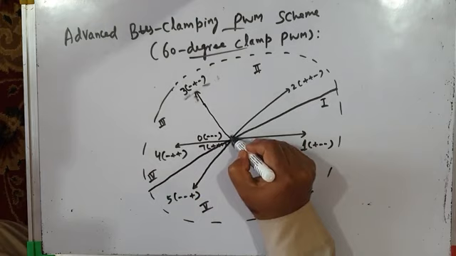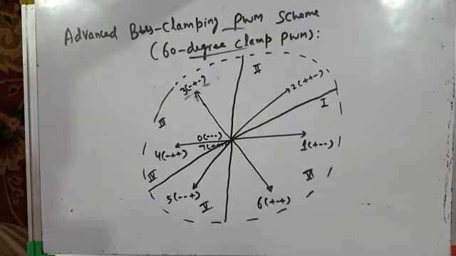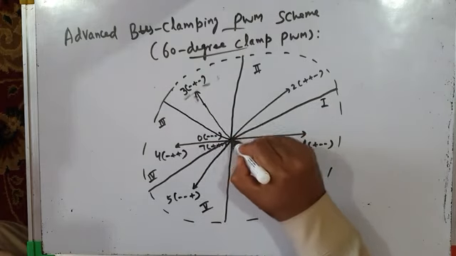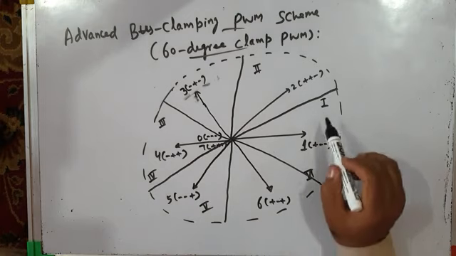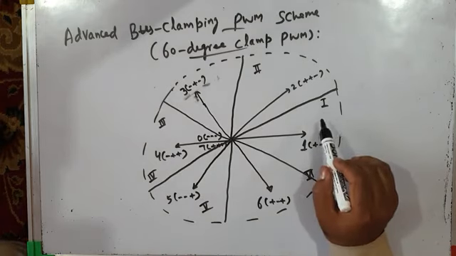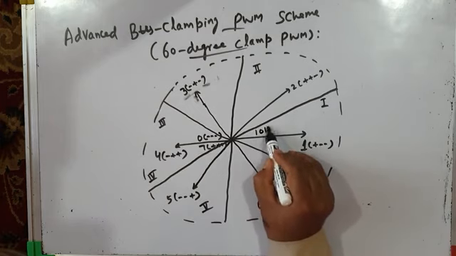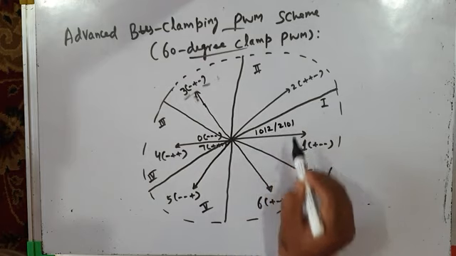So, fine. We can start with sector 1, and of course we can start with switching sequence 1 0 1 2, 2 1 0 1.